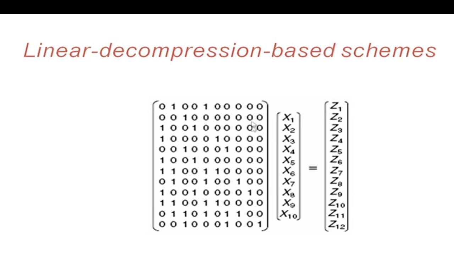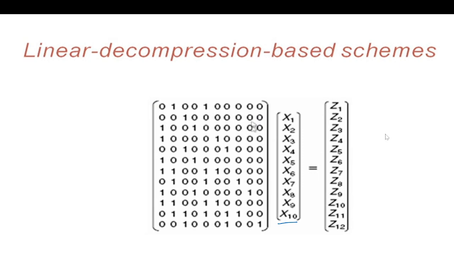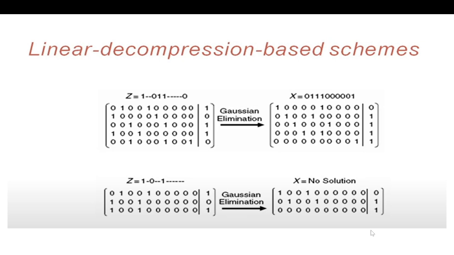Linear decompression based scheme is similar to a matrix multiplication. Again, from x1 to x10, we can obtain z1 to z12. So here we can use Gaussian elimination, and wherever there is a don't care, we remove it, and these patterns we are applying.